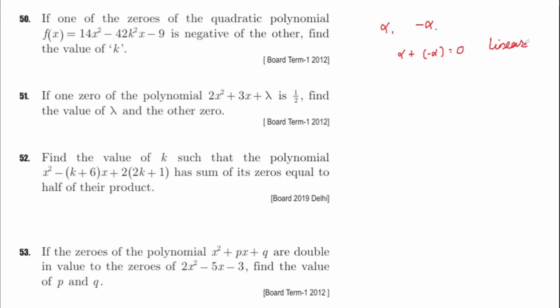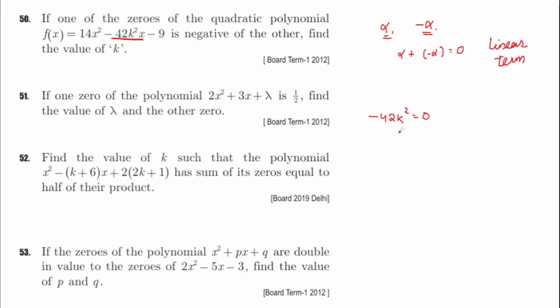If you remember, I have already told you that where the two zeros are negative of each other, there will be no linear term. That means this term where you can find x, this is your linear term, this should not be there. That means the value of its coefficient is 0.